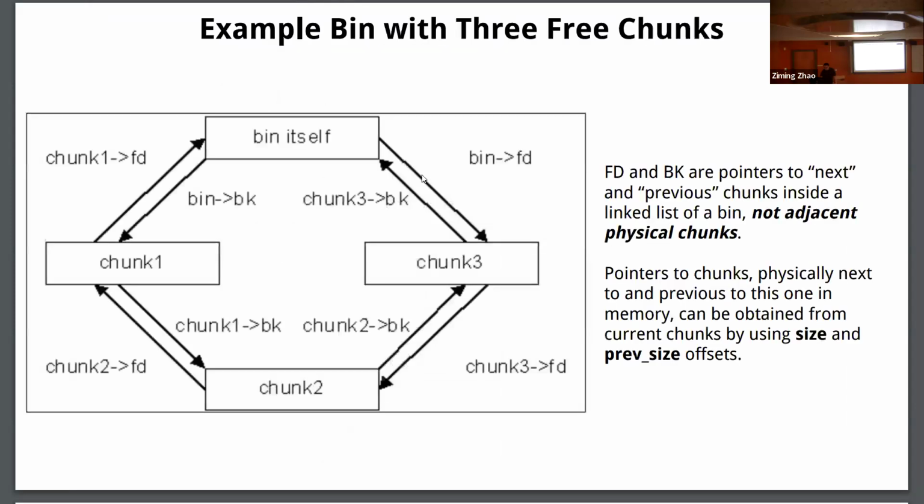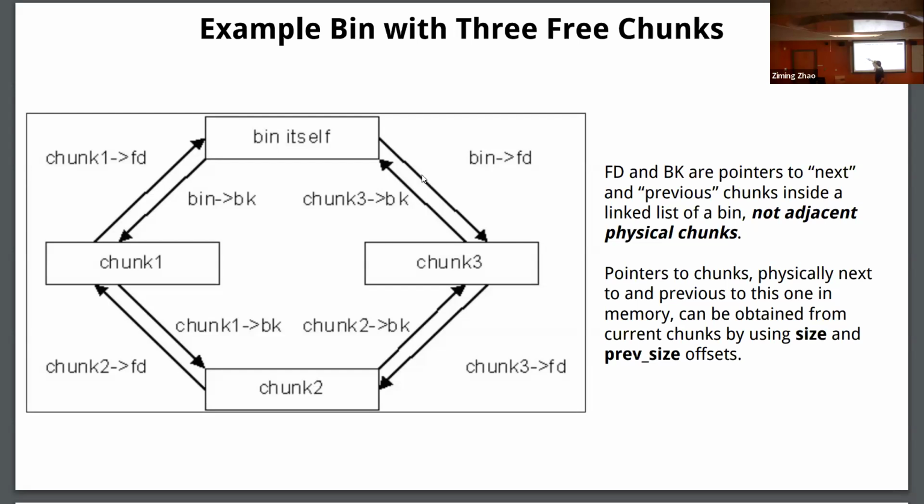So to merge this, what happens is we are going to look at this. This is a bin. We have 3 chunks, 1, 2, 3. The bin head, actually either way is fine. We go this way maybe.